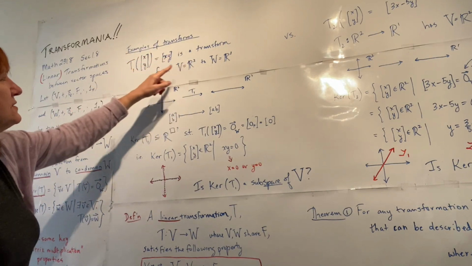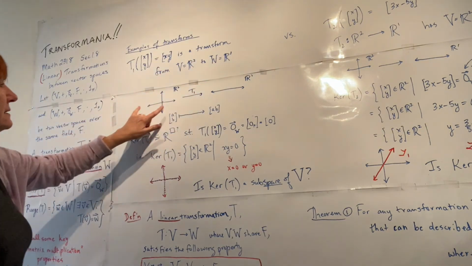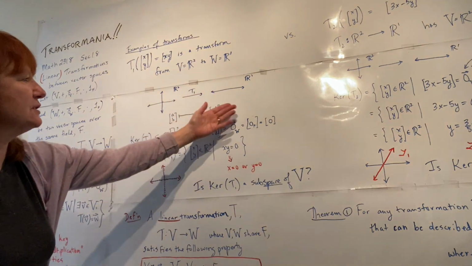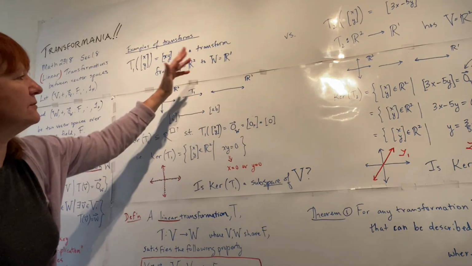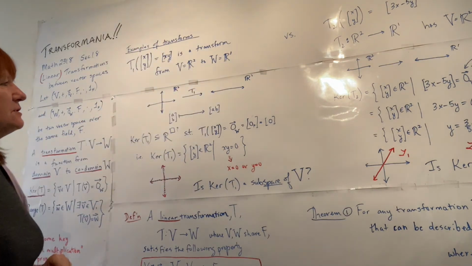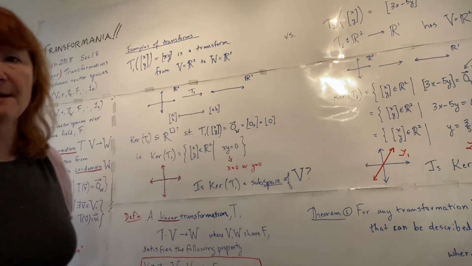So that's a transformation from R2 to R1. We draw this kind of thing to represent it. That's a mapping. So T1 is a mapping or a function that takes vectors in here and makes vectors appear over there.